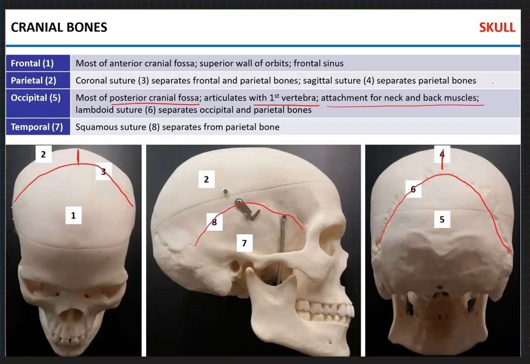So far we covered 4 bones: frontal, parietal, occipital, and temporal, and 4 sutures: coronal, which separates frontal and parietal bones; sagittal, that separates 2 parietal bones; lambdoid, which separates occipital and parietal; and squamous suture separates parietal and temporal.